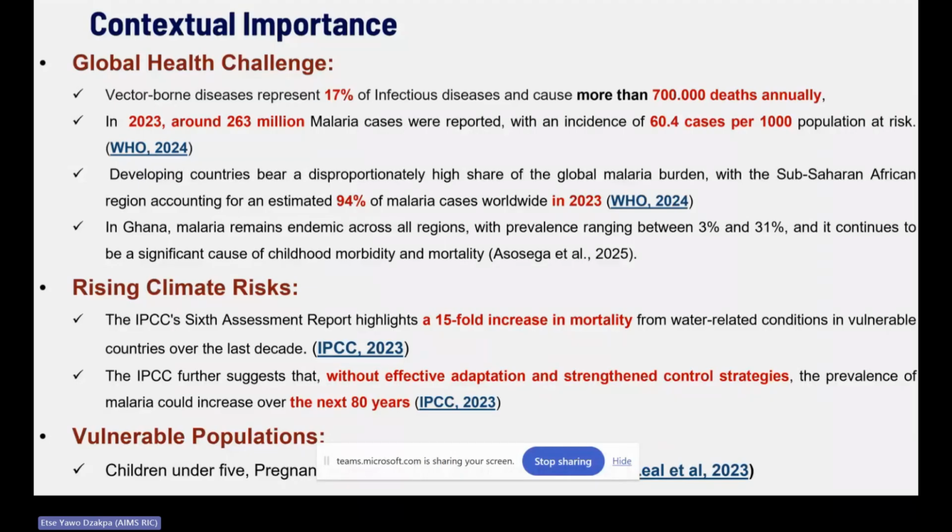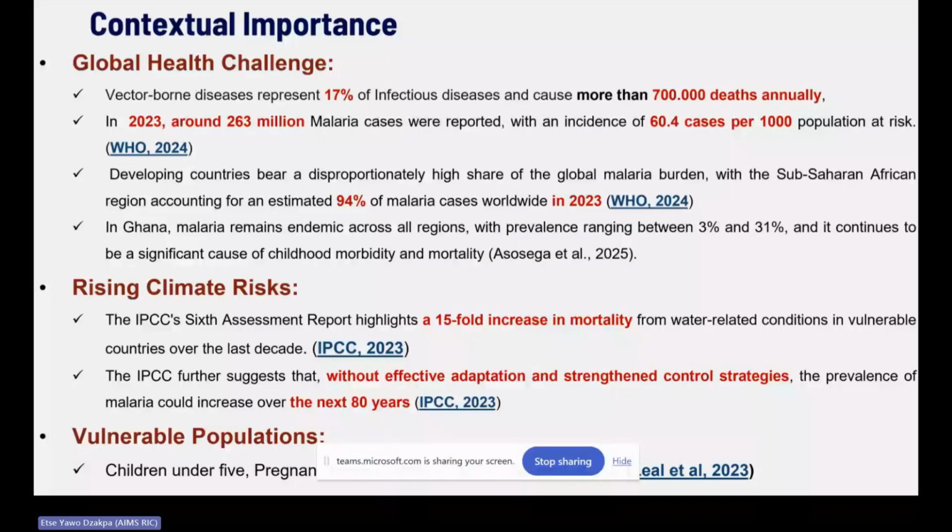Among those high numbers of malaria cases, sub-Saharan African countries represent the highest proportion. About 94% were found in sub-Saharan Africa in 2023.